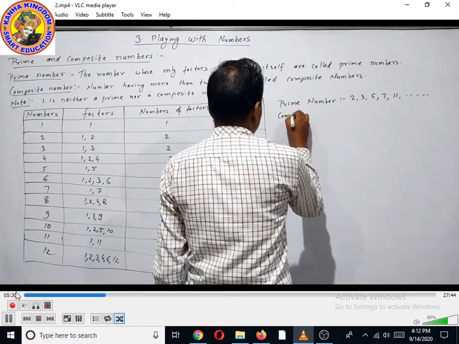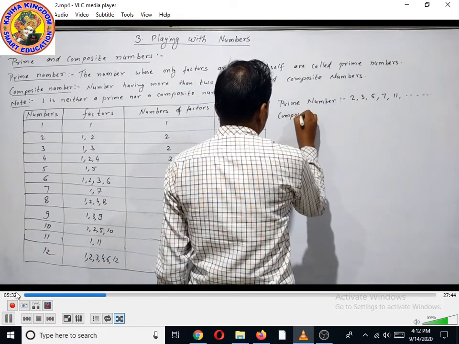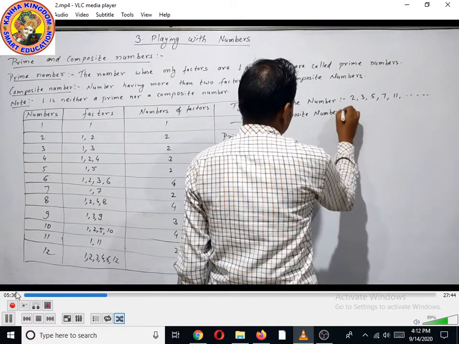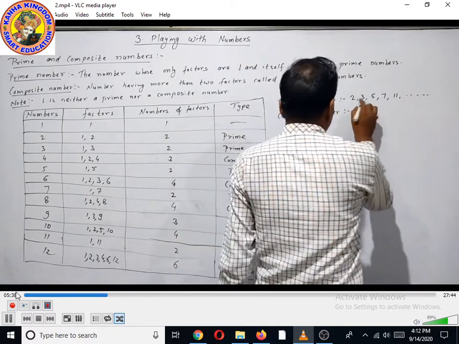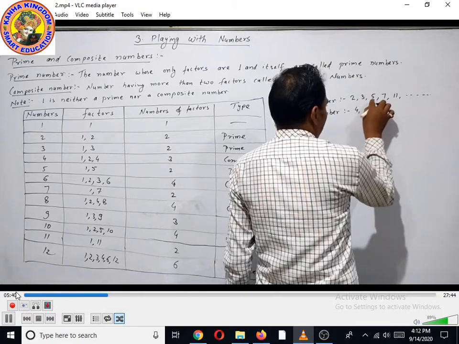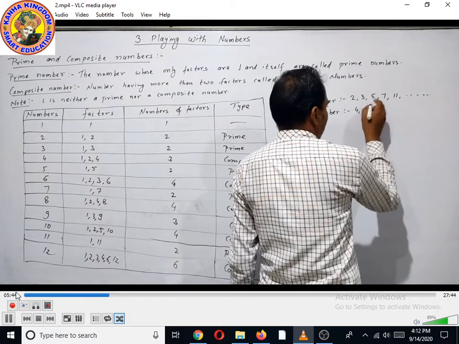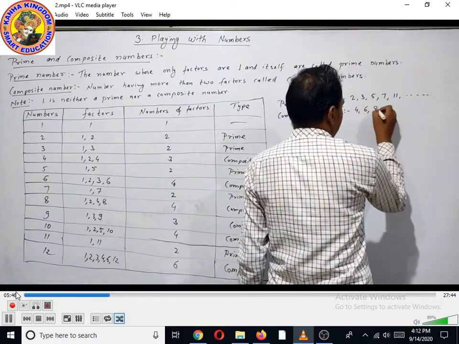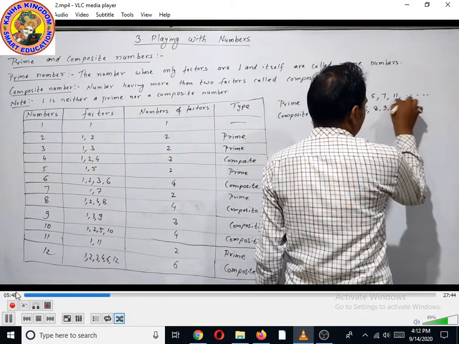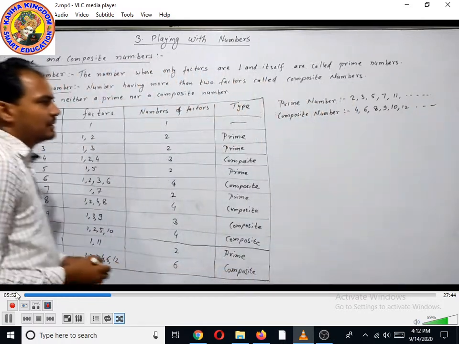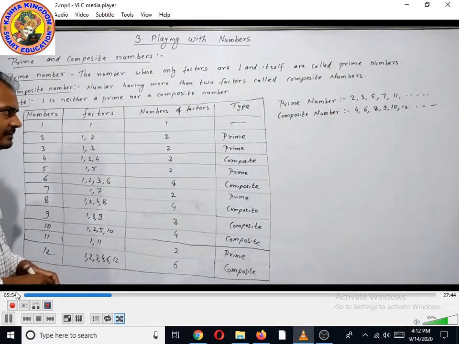And composite numbers are 4, 6, 8, 9, 10, 12 and so on. These are our composite numbers.